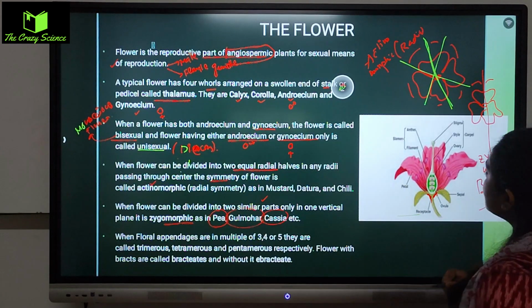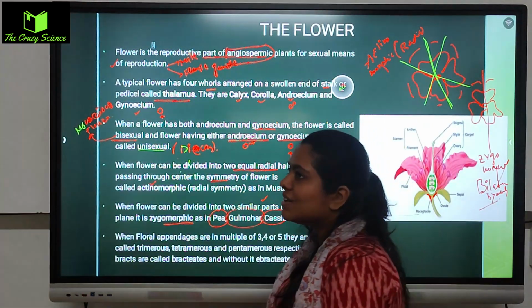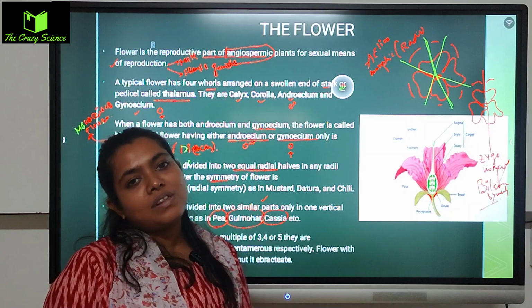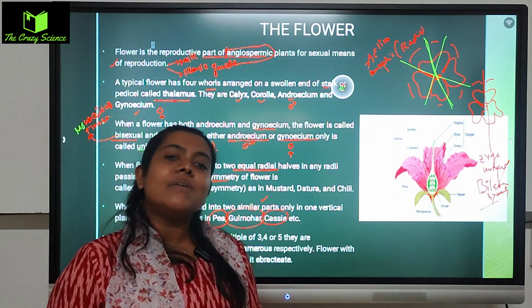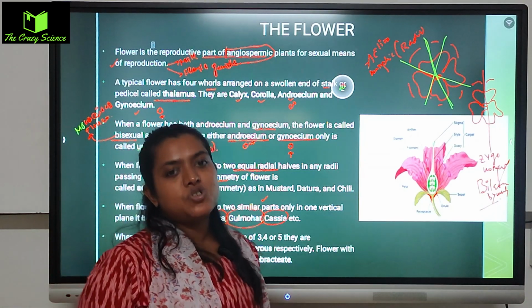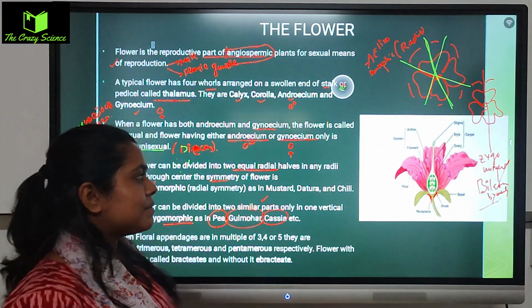A few plants are there whose shape is totally different and you cannot cut them into equal parts, so these are called asymmetrical flowers, which don't have any shape.